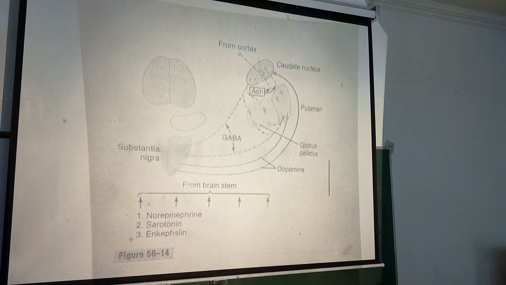So don't forget the corticostriate fibers are cholinergic, nigrostriate fibers are dopaminergic, and fibers which pass from caudate and putamen to globus pallidus and substantia nigra secrete GABA, gamma aminobutyric acid. So this was about the neurotransmitters in the basal ganglia. So we stop here. We will continue next.